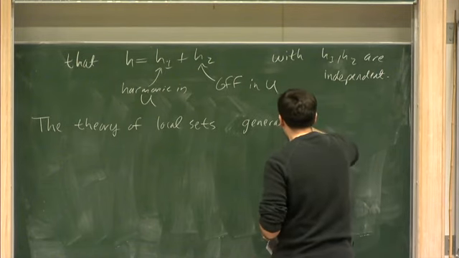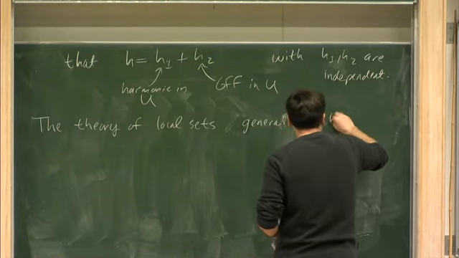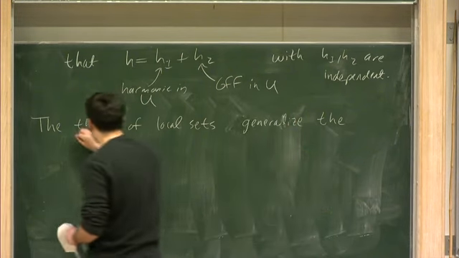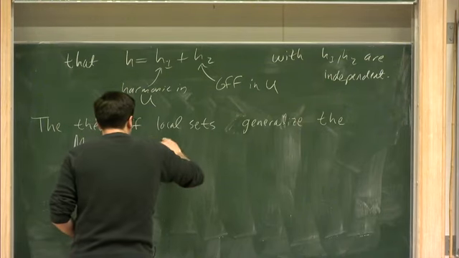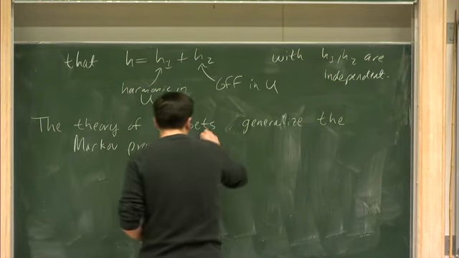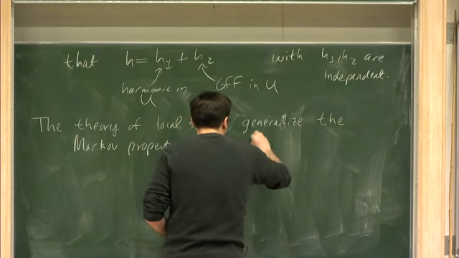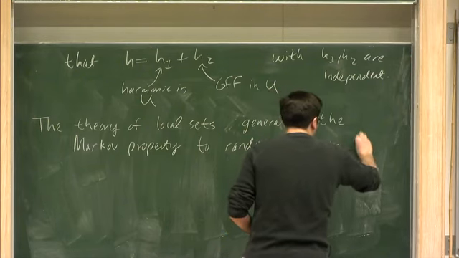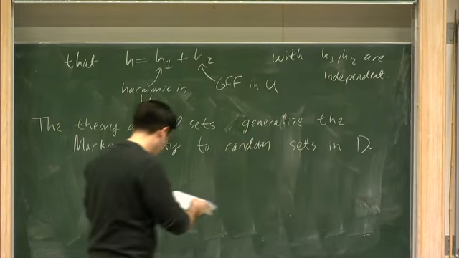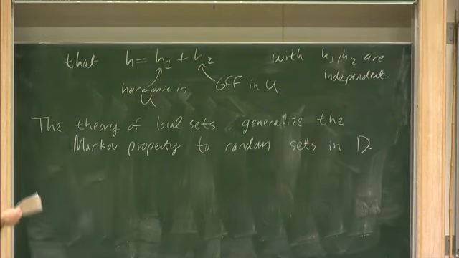So they generalize the Markov property to random subsets in D.